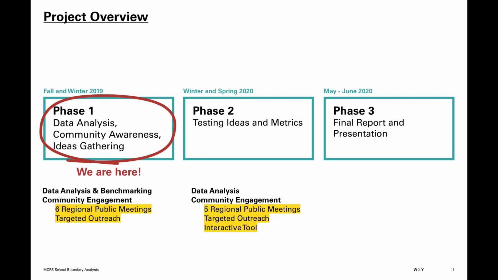This community engagement includes 6 regional public meetings, as well as targeted outreach to communities who may be otherwise hard to reach or may face burdens to coming out to public meetings. Phase 2 will include testing ideas and metrics based on the feedback that we're getting from members of the public, as well as data analysis that we've conducted in Phase 1. And then in Phase 3, we'll develop our final report and presentation to the board.